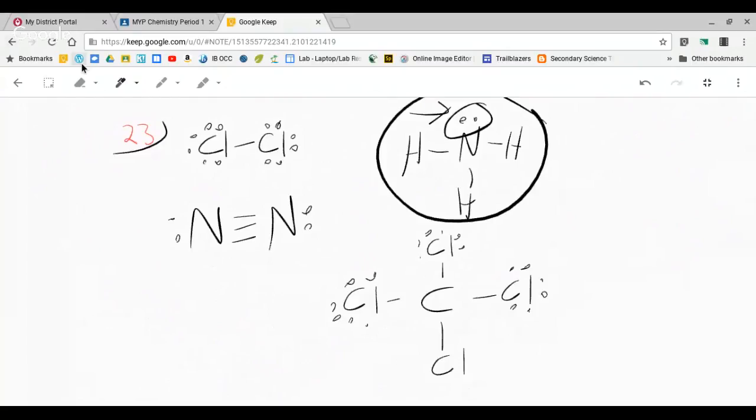All right, last one is 24. Okay, so we have 2 molecules.